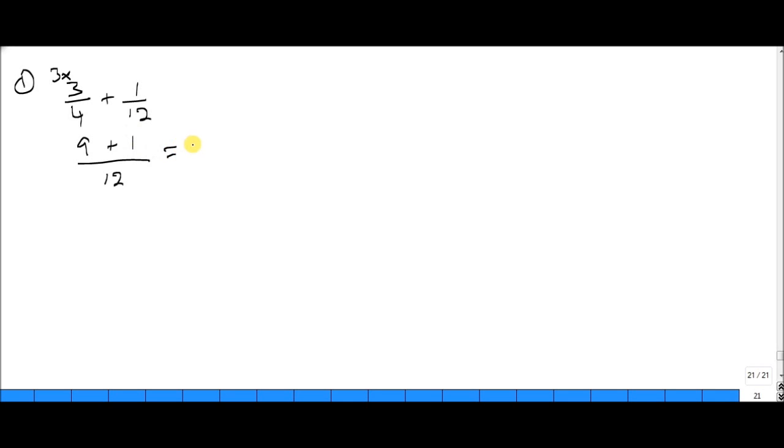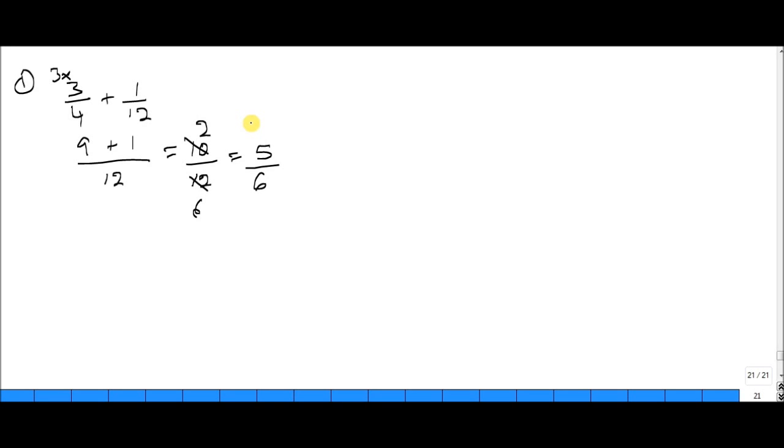So this would now be 10 over 12. And we could use 2 into 10 would go 5 times, and 2 into 12 would go 6 times, our answer being 5/6.